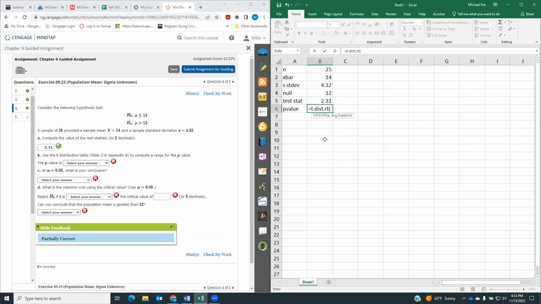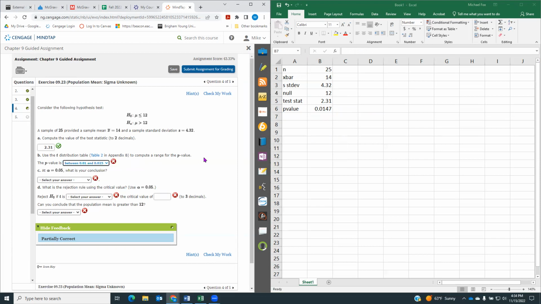For X, I'll use my test statistic, and for degrees of freedom, we'll use n minus 1. That'll give us our p-value of 0.0147. This wants a range, so I just find the range that includes that. So 0.0147 falls between 0.01 and 0.025.